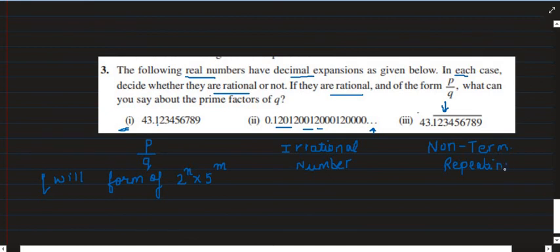So it means it's a rational number, and its denominator is not of the form 2 raised to the power n times 5 raised to the power m.